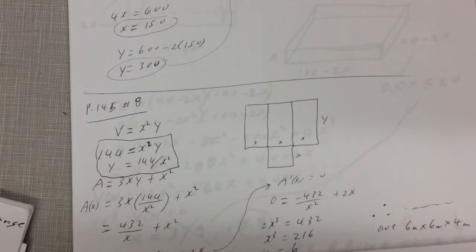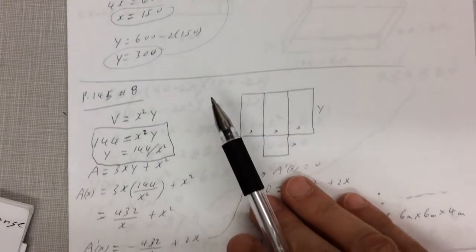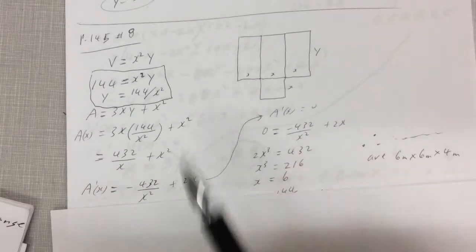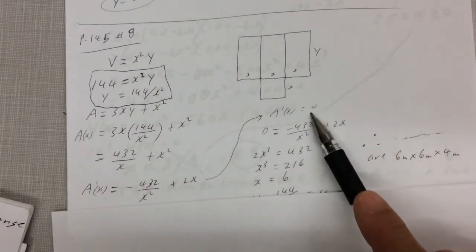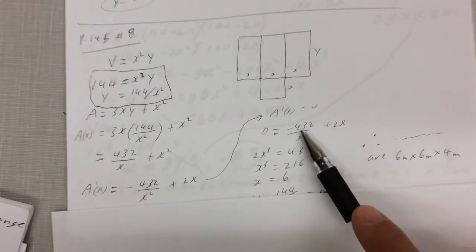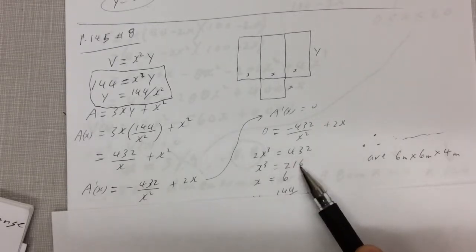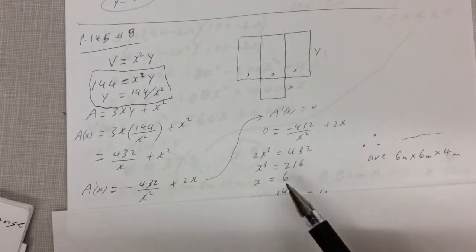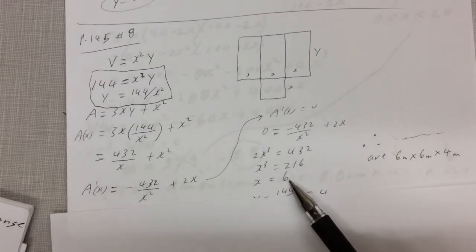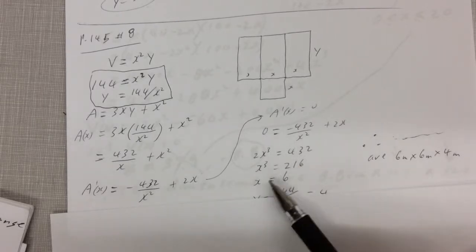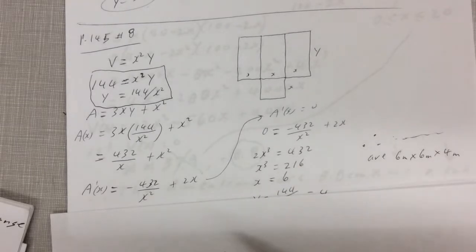Now we're going to take the derivative so that we can set it to 0. Okay, so we take the derivative of that, set it to 0, and play around with it so we get x cubed equals 216. Now we can just take the cube root of 216, which gives you 6, or you could bring the 216 over and factor that difference of cubes to x minus 6 times a quadratic that's not factorable.